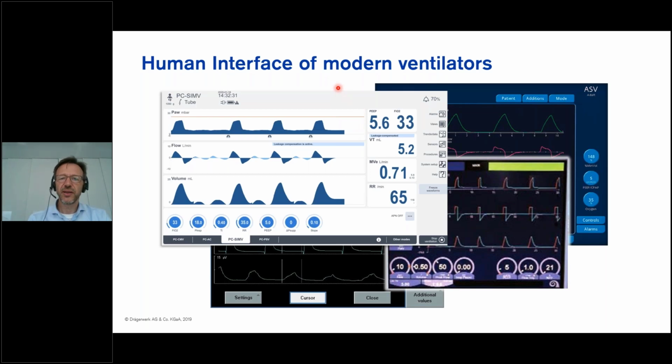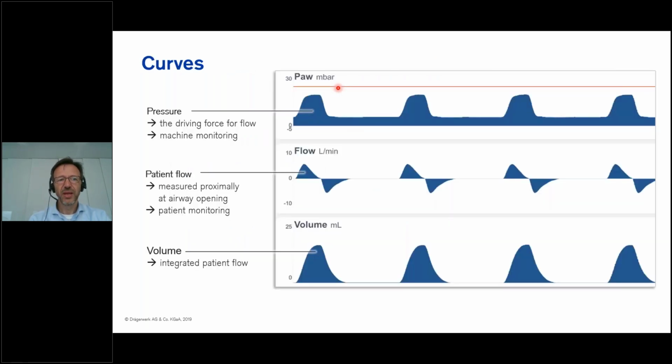All these devices have one thing in common. They reserve a quite big area of the screen for graphical curves, and that is for good reason, because these curves contain a lot of information, which is what this presentation is all about.